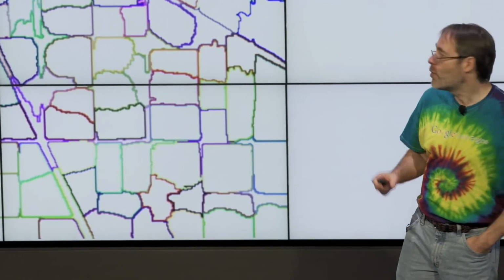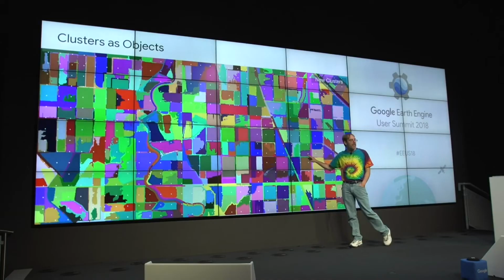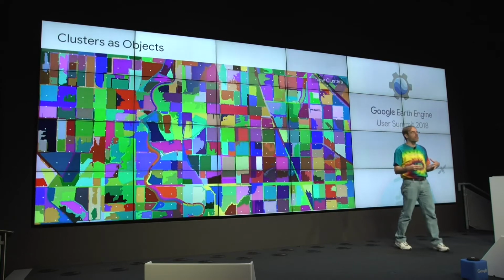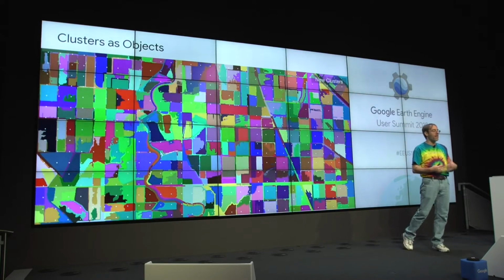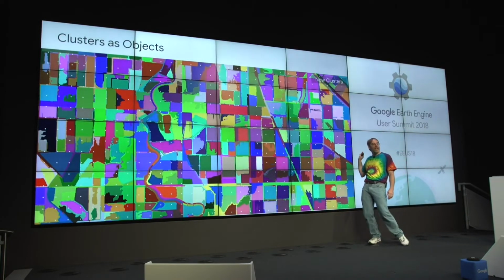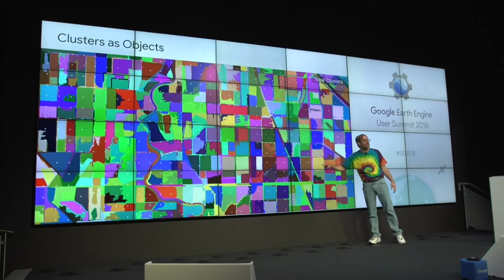You don't need to. You have a seed pixel. For every one of these, there is a seed pixel that is the center of the cluster. It's not the spatial center, it's not the spectral center, but it is guaranteed to always be in that cluster. So if you want to just go get all the perimeters for some reason, you can simply sample every cluster at the seed location.